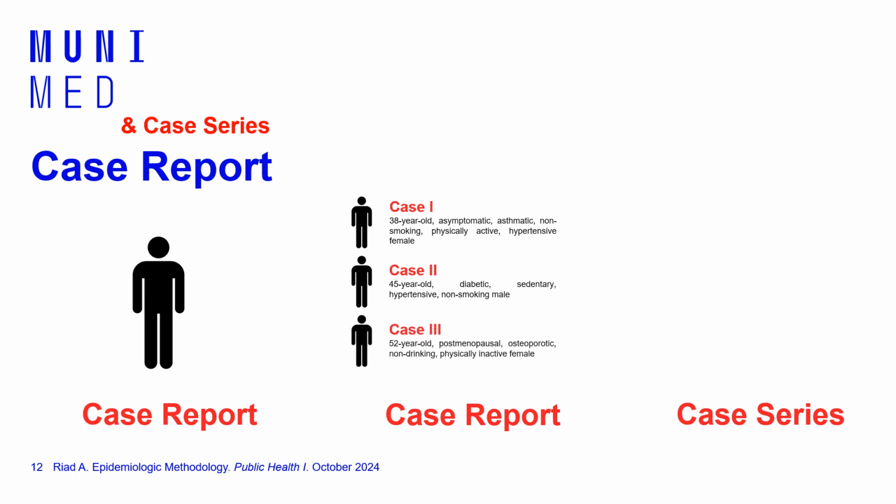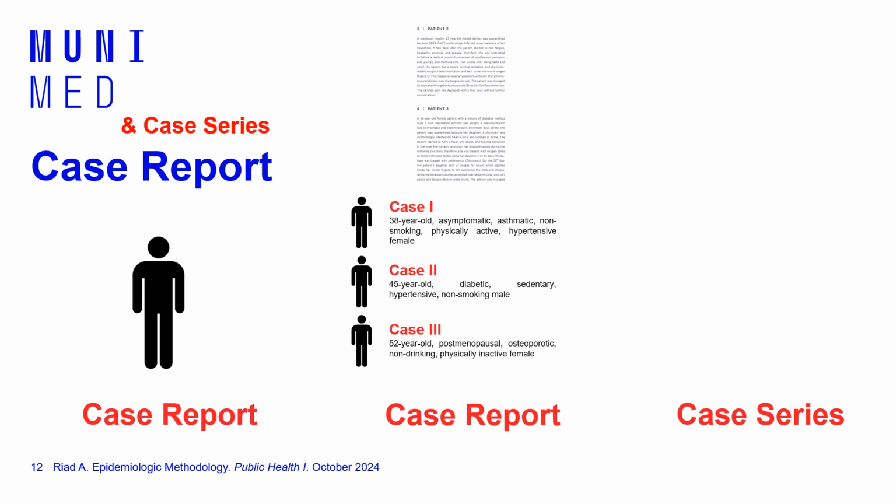Then case 3 is a 52-year-old postmenopausal, osteoporotic, non-drinking, physically inactive female. If you have this detailed information about each and every case in your group, then this is called a case report. And here you have a screenshot of an example of how case reports appear in medical journals.